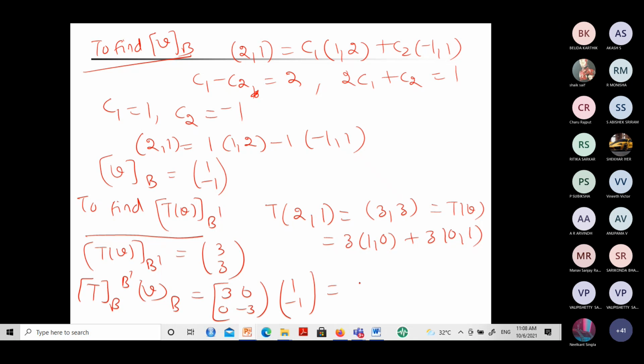If you multiply, what do you get? (3, 3), which is nothing but T of V with respect to B dash. So right side equals left side. Got it? We'll move on to the next.